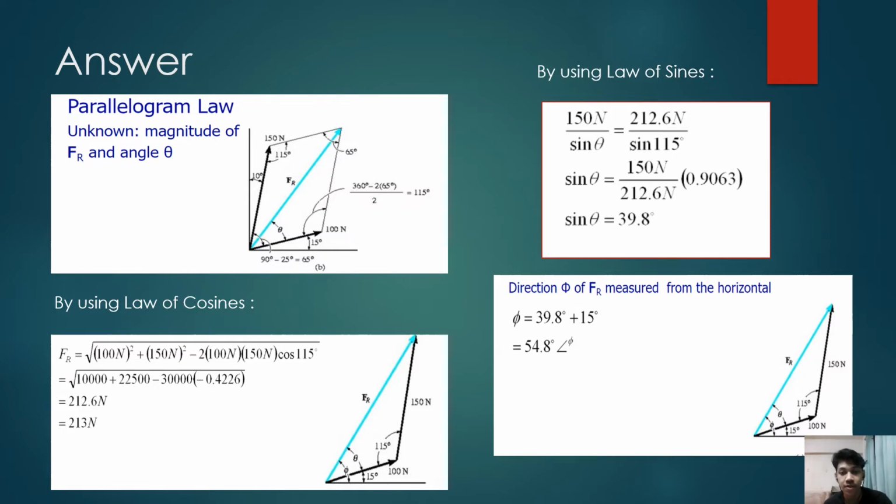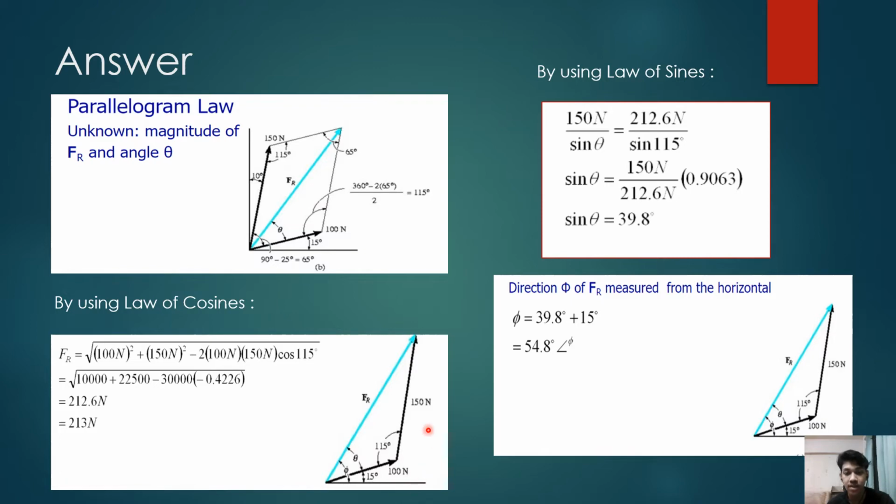This is the answer for the example. So basically we are using the trigonometry method. If we are going to use the trigonometry method, we must make a triangle first, because law of cosine or law of sine is only applicable if the object is in a triangle.